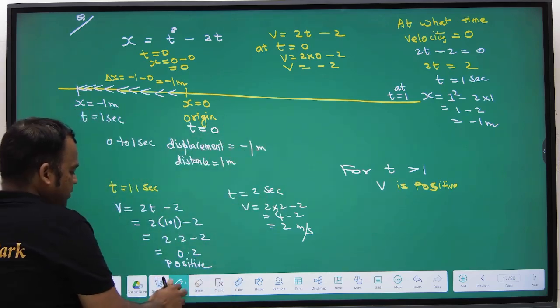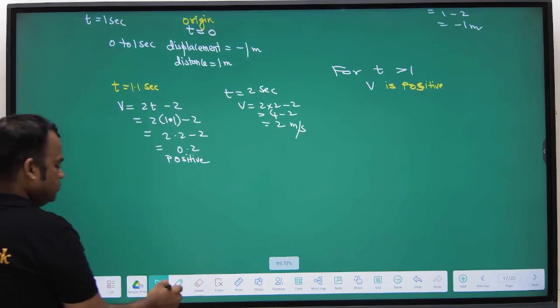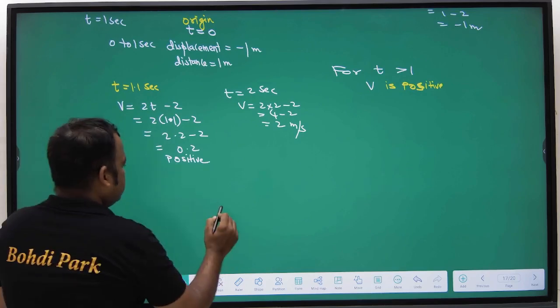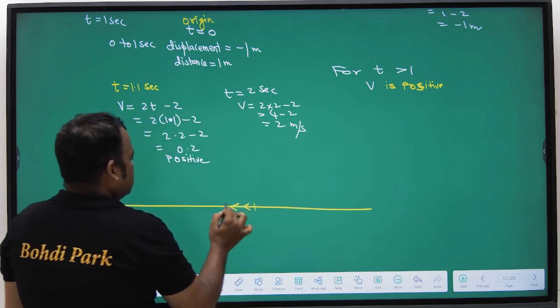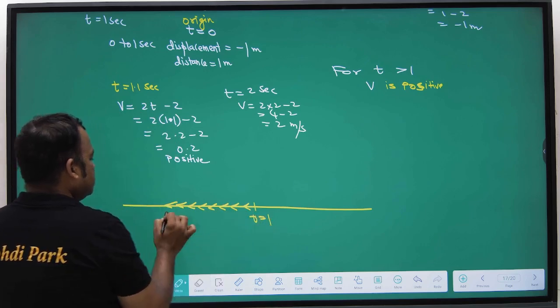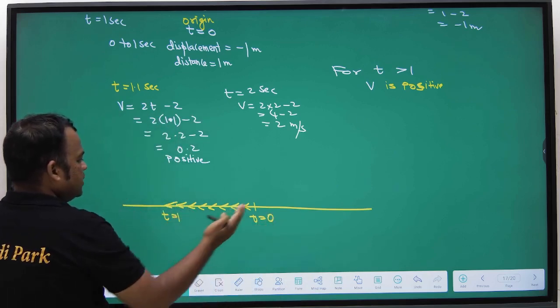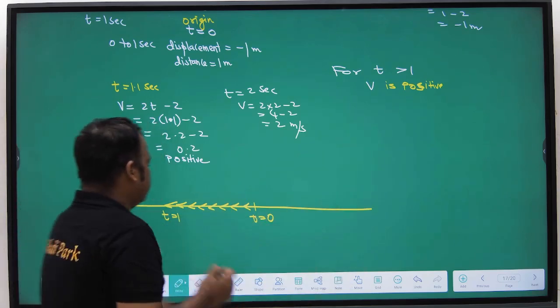So the motion is represented like this. On the x-axis, from t equal to 0 to t equal to 1, it is going left side, but from 1 second onwards it is going right side.